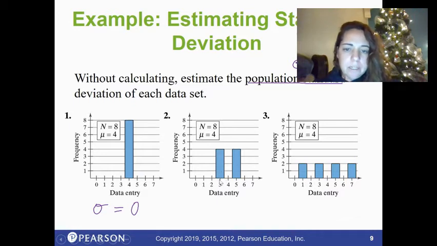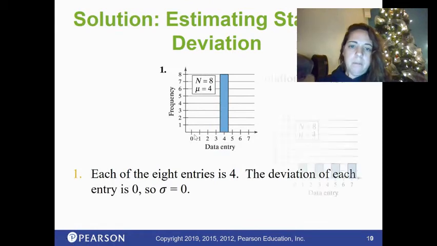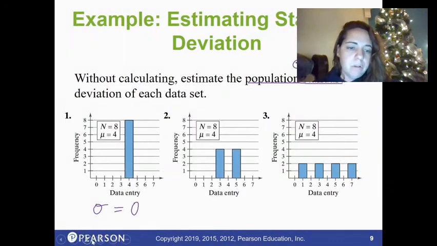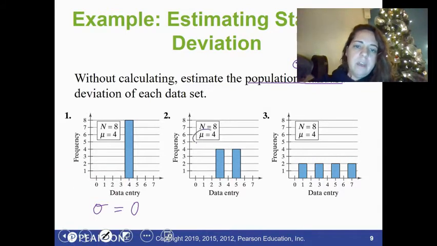This one here, it looks like it's a little bit more spread out. So if the average is still 4, most of the data here is you just added 1, right, to get 5.